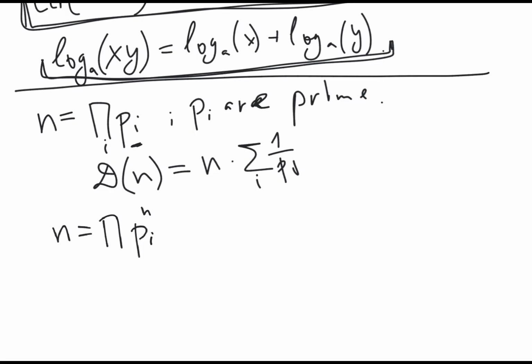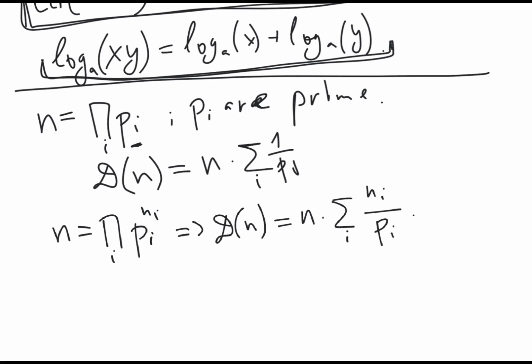So it's expressed as prime number pi raised to a certain power ni. So then the derivative is equal to n multiplied by the sum of ni over pi. This is basically the same formula, just written differently.